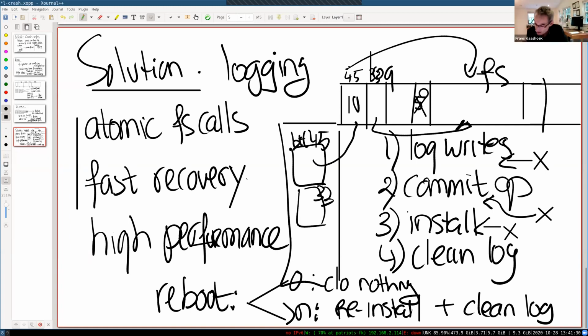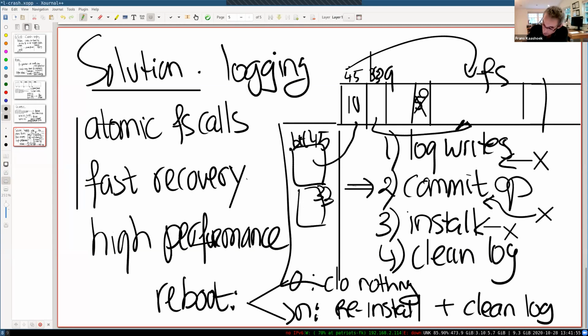Okay, there's a very important point. I'm glad you asked. First of all, you write this commit operation, step 2, only after you already logged all the writes that you were planning to execute. So at the point that you do the commit, all the writes are in the log.